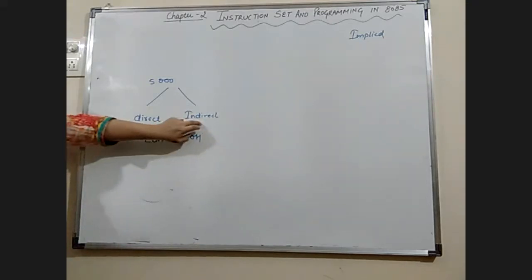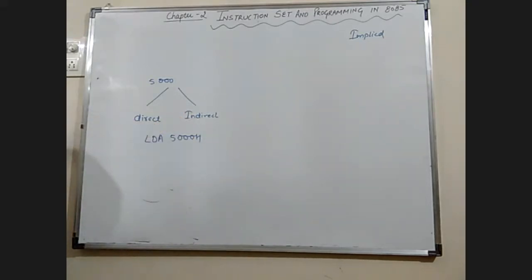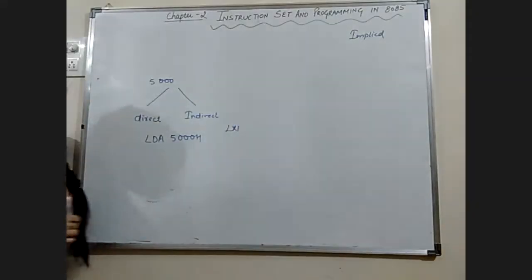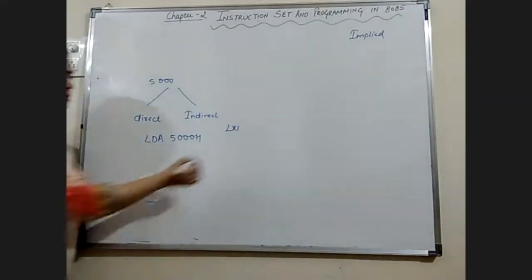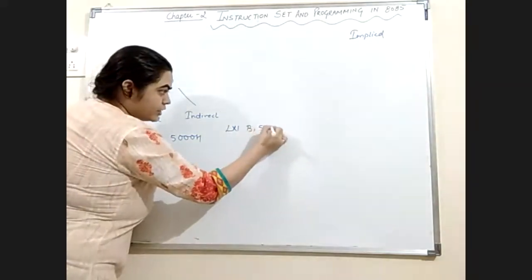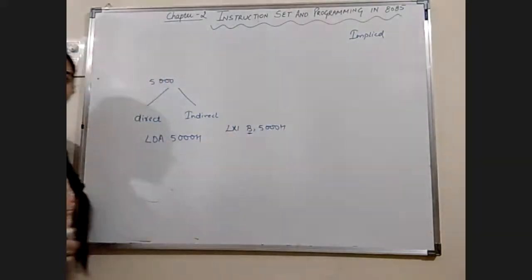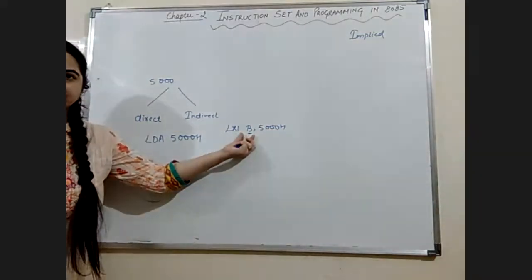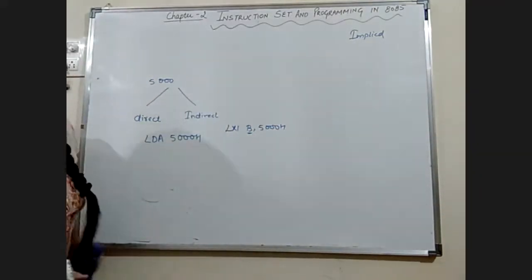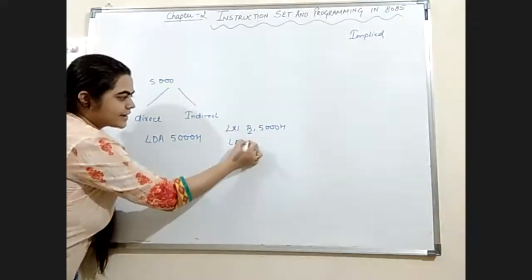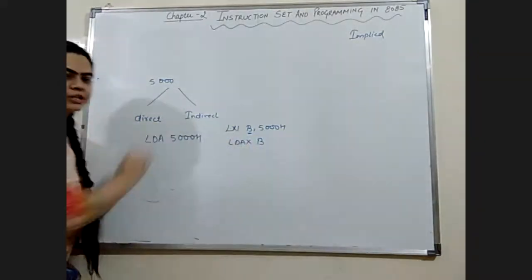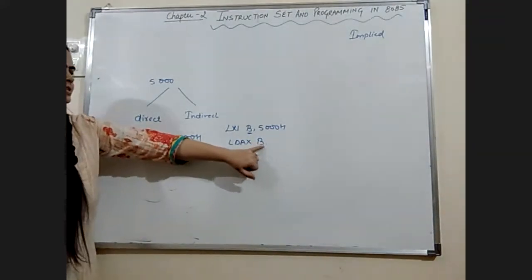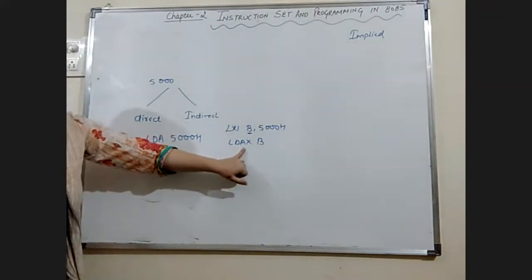And the second way, if we use the indirect addressing mode, initially we load 5000 into this pair, that is the BC pair. So this data will be loaded into the BC pair. Now we can write the command LDAX B. That means whatever contents are pointed by this register pair will be loaded into the accumulator.